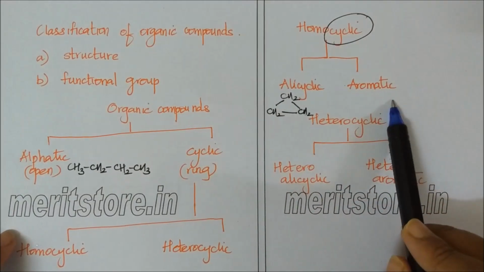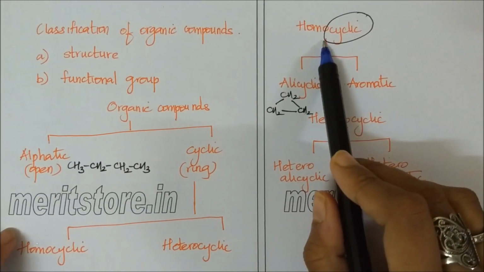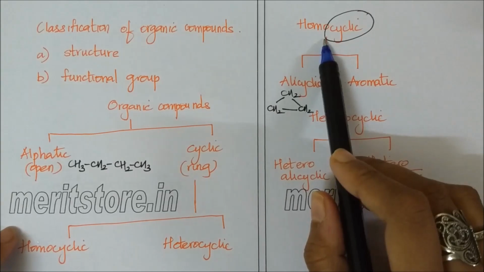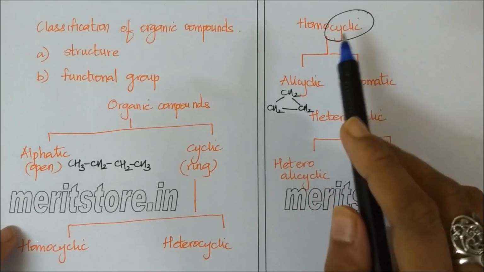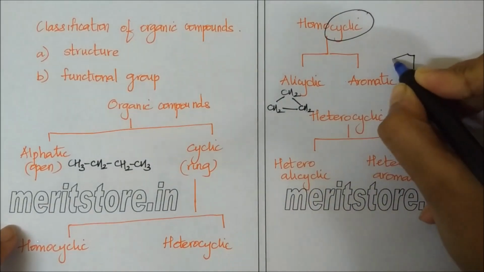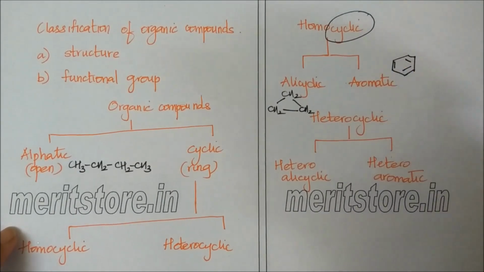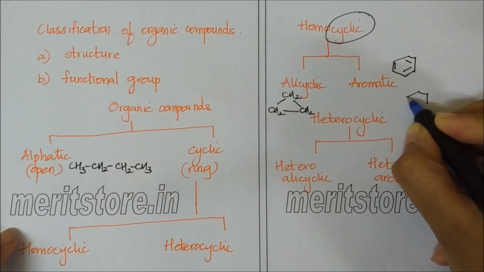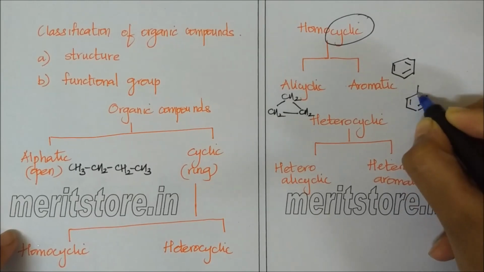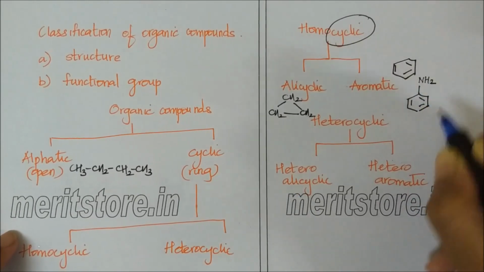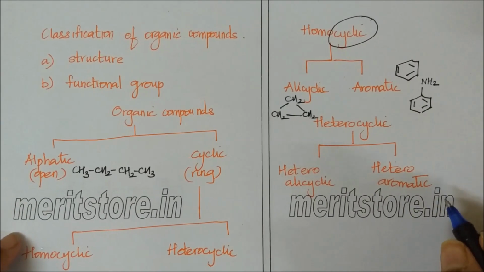Homocyclic aromatic compounds are those which contain only carbon atoms but they have alternate single and double bonds. An example is benzene. Another example would be aniline, and so on.